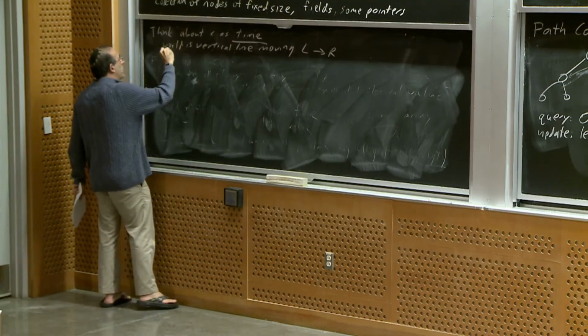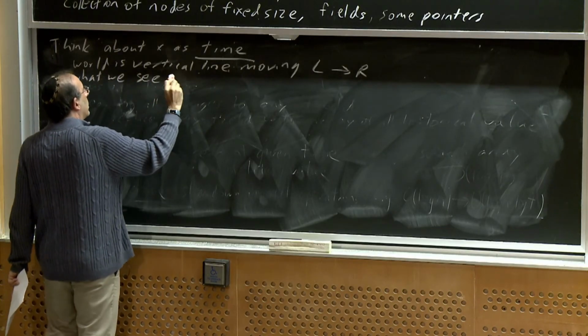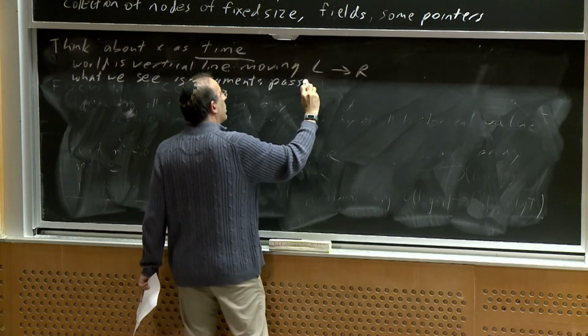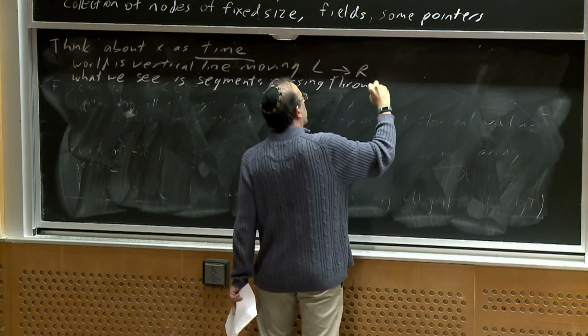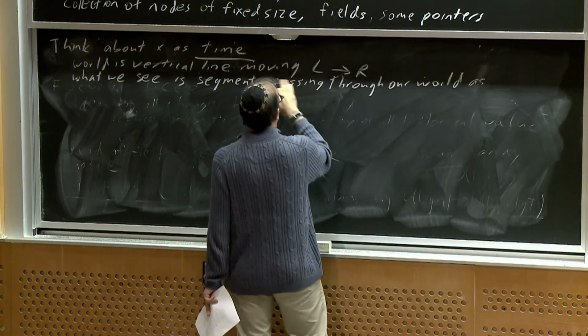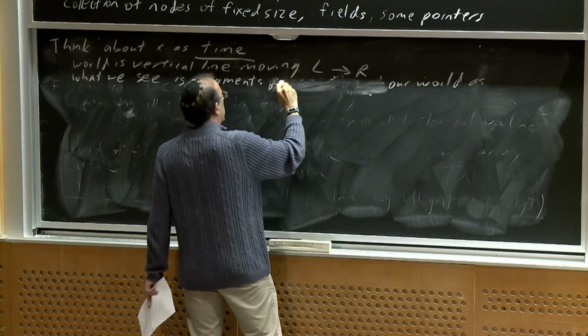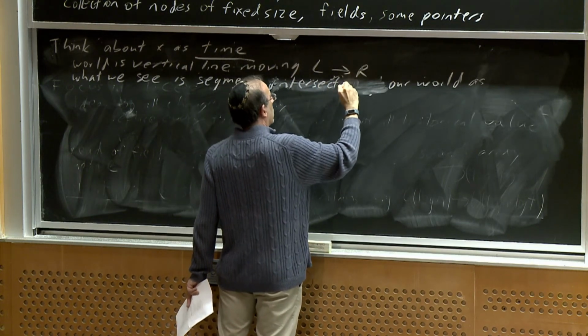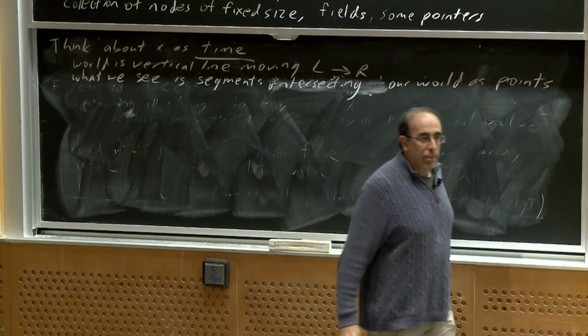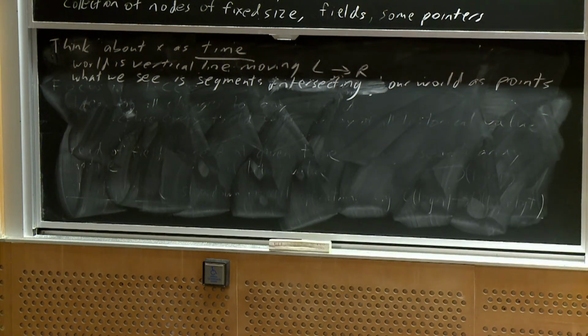And what we see is segments passing through our world, or intersecting our world, as points in our world. Now, what happens to these points as time progresses in our world? These points are caused by segment intersections, but what do we perceive?